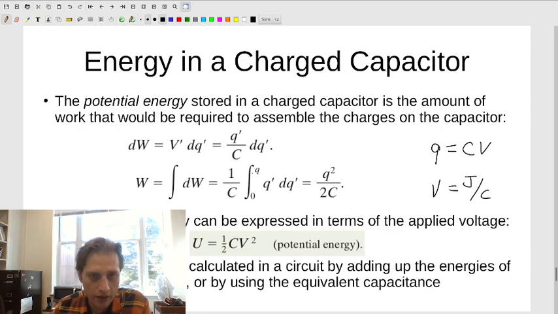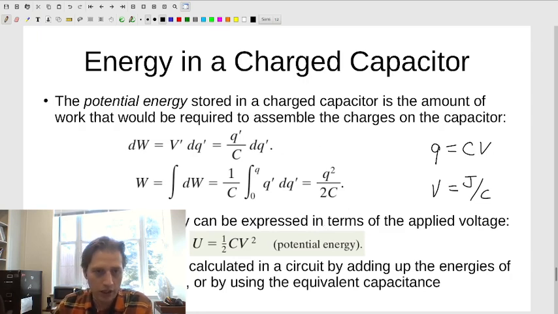So when I do that, the C comes out because that's just a geometric factor. That's the capacitance of our capacitor. And then I integrate from 0 to Q, and I get a Q prime dQ. And so when I integrate that, it's going to be Q squared over 2. And then I take the limits on my integral, and I get Q squared over 2C as the work.